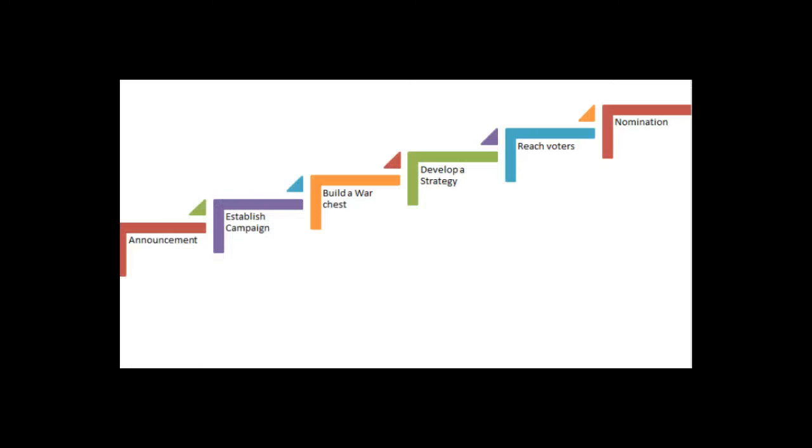So to wrap up this video, we talked about the steps involved in being elected to a political office, the steps involved in campaigning, the first one being announcement, establishing a campaign, building a war chest or gaining money, developing a strategy, reaching voters, and finally receiving a political party's nomination either through an election process in the primary or receiving it at the National Convention, as we just watched with President Obama, who again was the incumbent or the candidate in office.